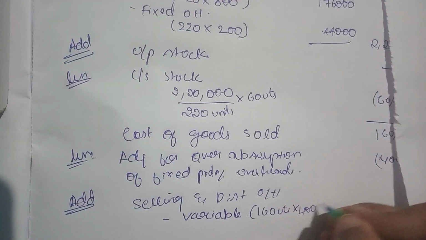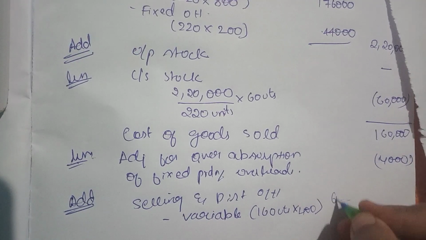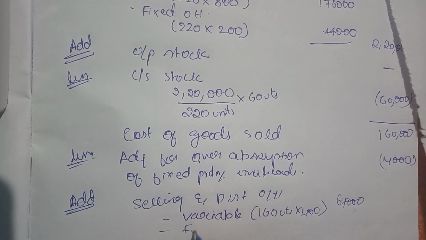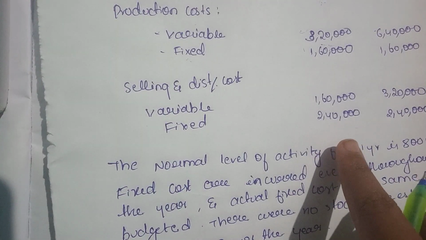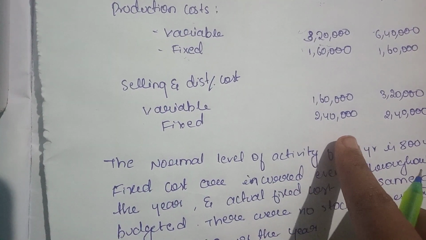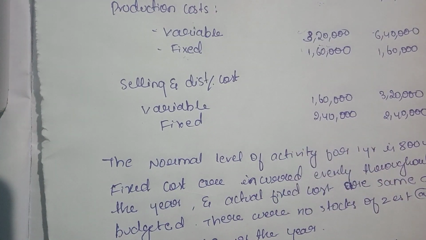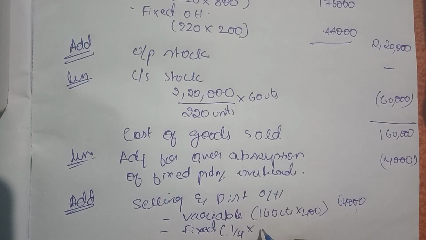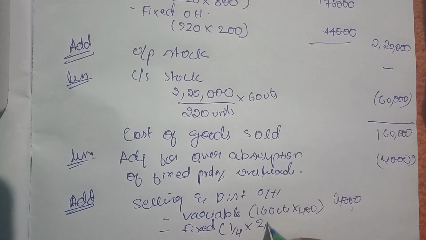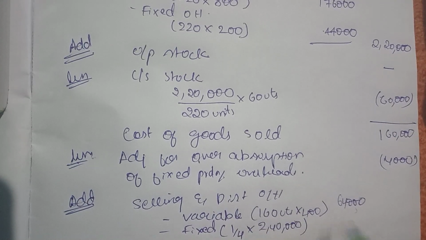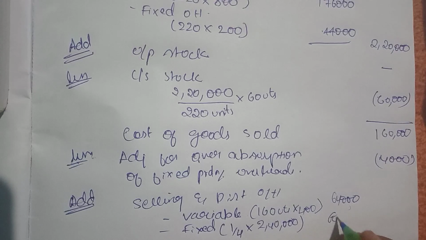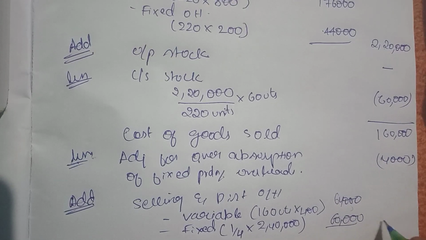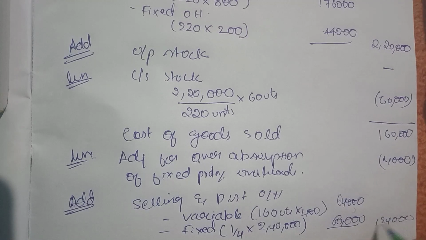So 400 into 160, that is 64,000. Fixed is given for 1 year, so just divide that by 4, because we are calculating it for 1 quarter. So 2,40,000 by 4 is 60,000. Total of that 1,24,000.